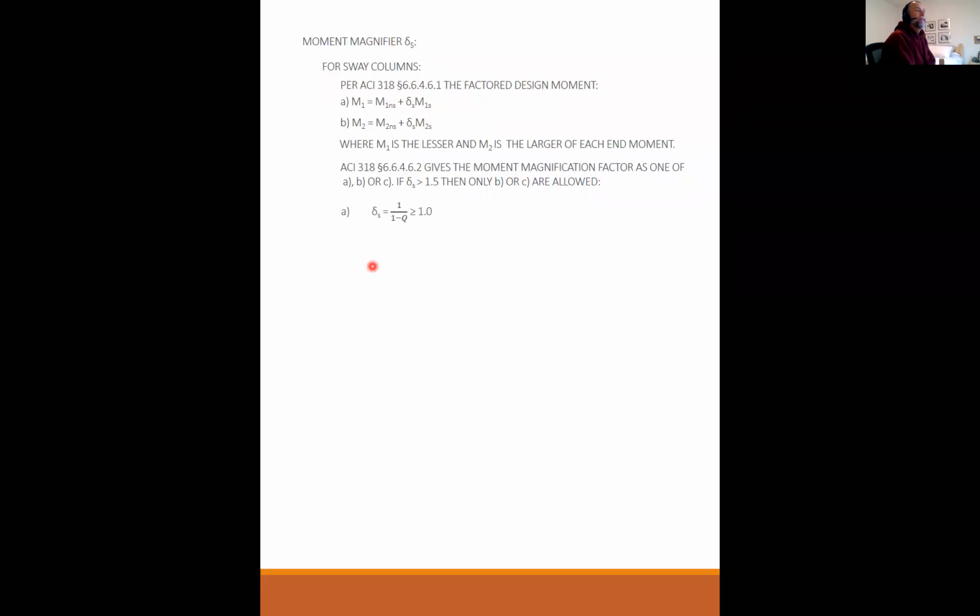So delta S can be calculated as 1 over 1 minus Q, always greater than 1, where Q is the sum of PU delta naught VUS over L sub C. Or B, you can calculate delta S as 1 over 1 minus the sum of PU over 0.75 times the sum of PC. This is the one that's similar to the delta that we just did for braced columns. And this has to end up being greater than or equal to 1.